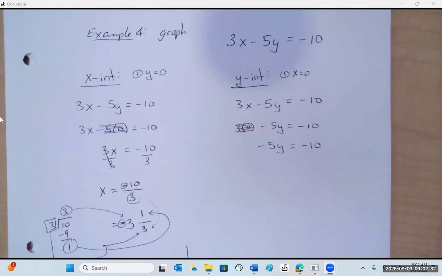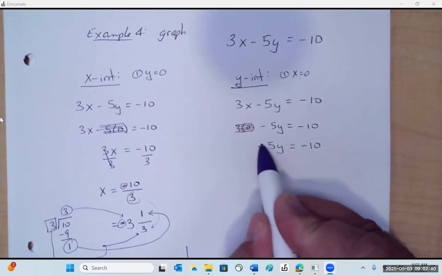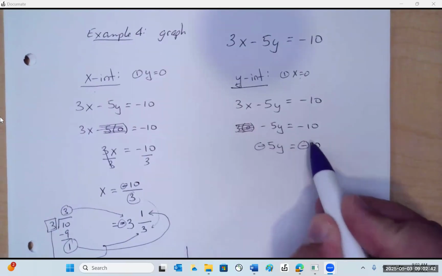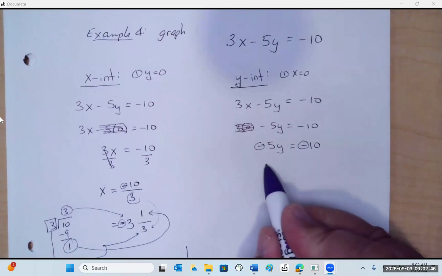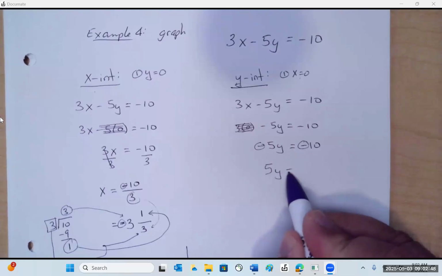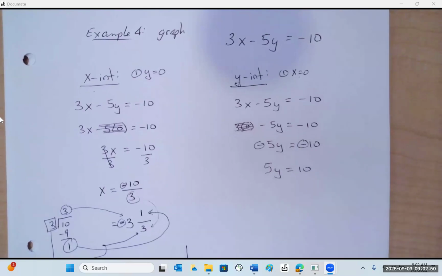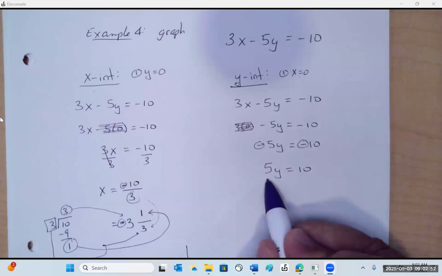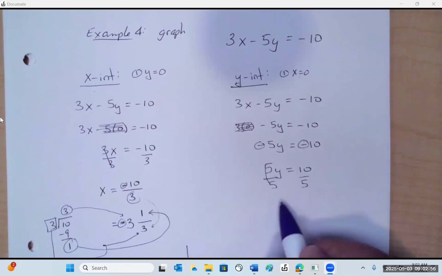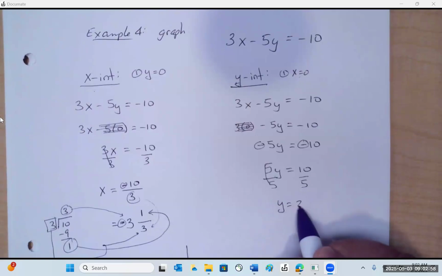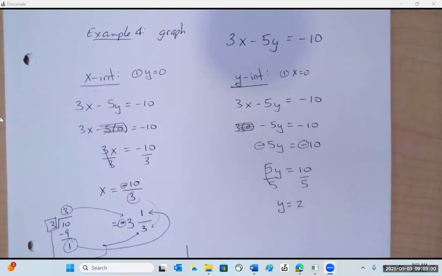Again, you probably forgot since last week, but never divide by negatives. Since that's a negative, change all of the signs across the equation. Now you can divide by 5. So now we know that y equals 2.